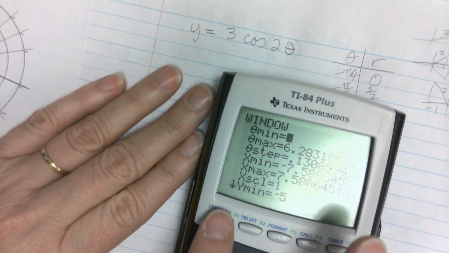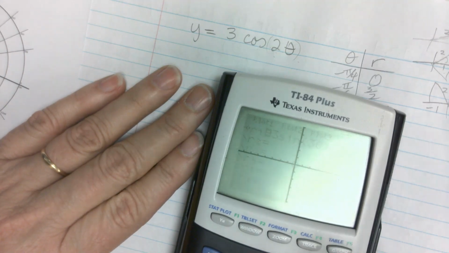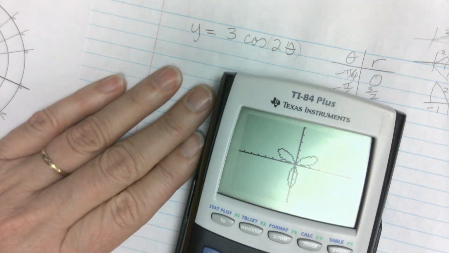I want you to look carefully. If I do 3 theta, it is tracing around it twice. So what that means is it only takes pi units to actually trace around it one time.